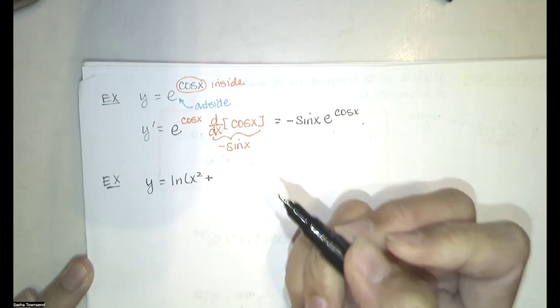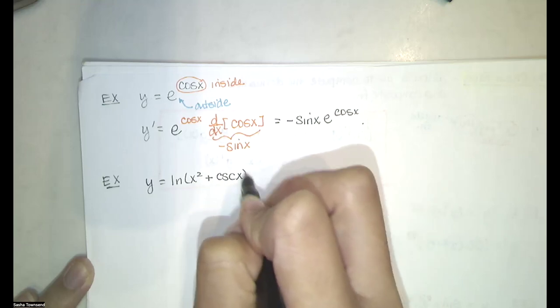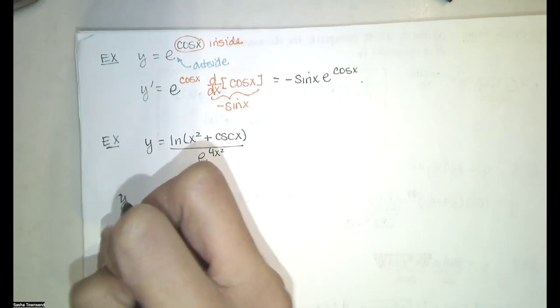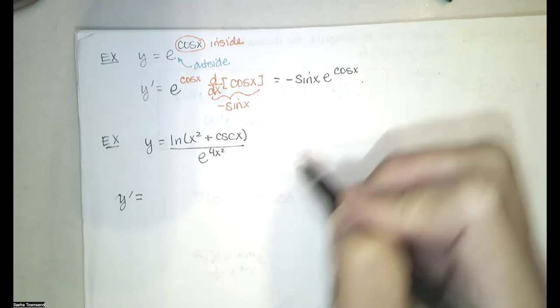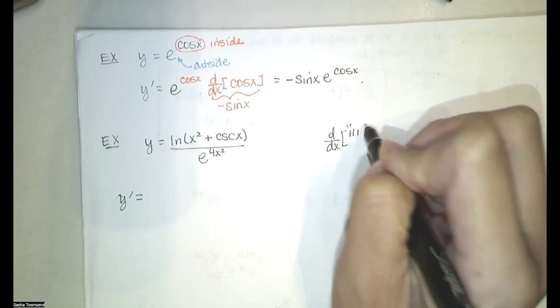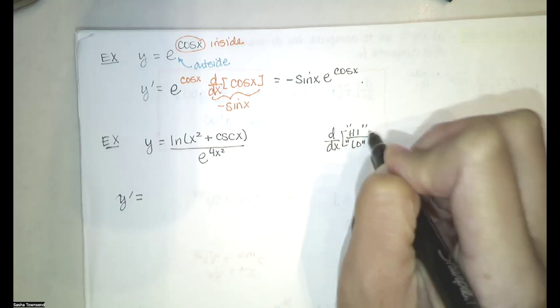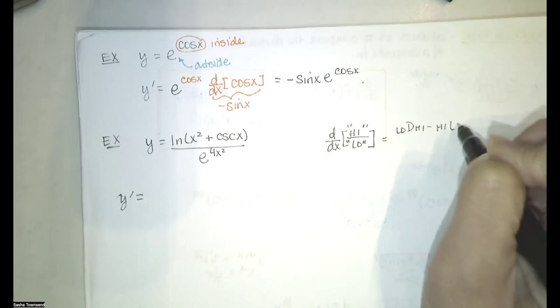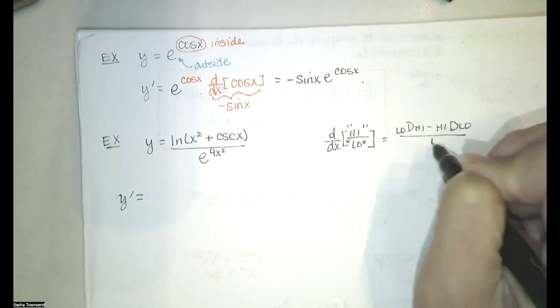Let's look at one where we've got a quotient rule that involves the chain rule. So let's say we've got natural log of x squared plus, I'm trying to use a different trig function that we haven't used, cosecant of x, divided by e to the 4x squared power. Well, that requires the quotient rule. So we remember that the derivative of high over low is low d high minus high d low, over low low.